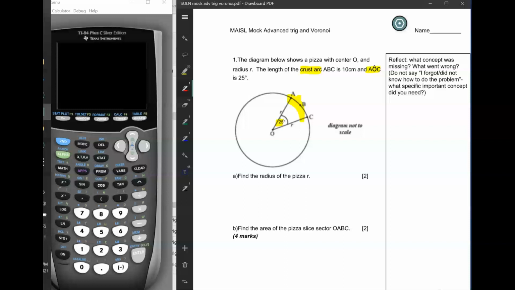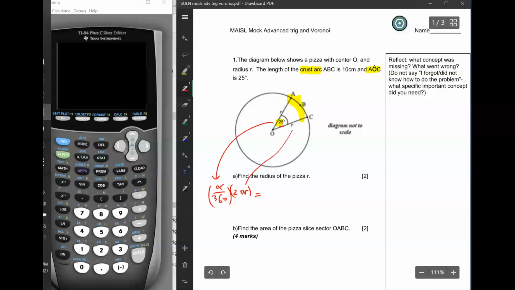That formula is equivalent to alpha divided by 360 times 2 pi r. I don't remember exactly what the formula booklet says, but it looks something like this. It might be arranged slightly differently, but there's 360 in the denominator. Then you put the angle 25 degrees into alpha, and the radius into r.